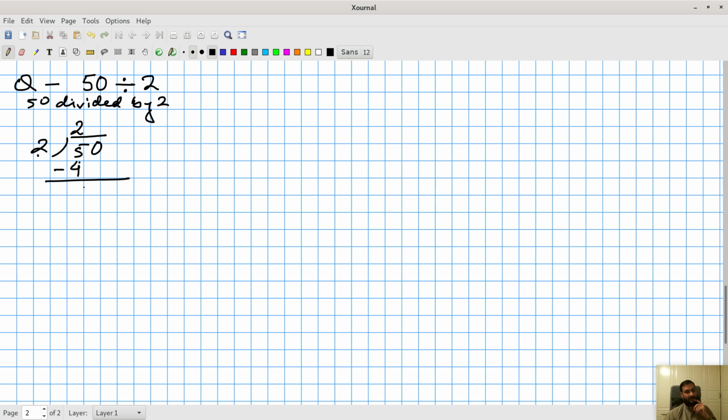We subtract them, we get 1 as remainder, and now it's the turn of this 0 to come down. It is its turn, so we don't need to put an extra 0 in the quotient above. Now it becomes 10, and 10 comes in 2's table with the multiplier of 5, so 2 5s are 10, and we subtract them and we get nothing left. So this is our answer, which is 25.